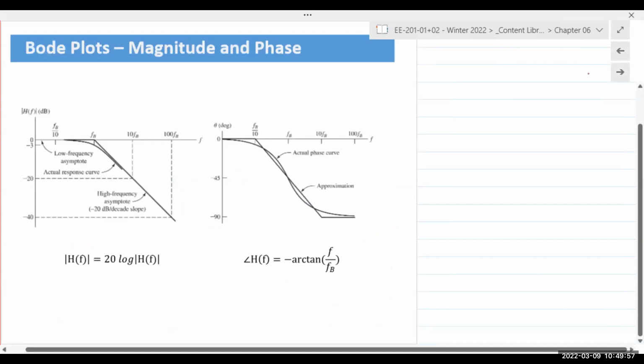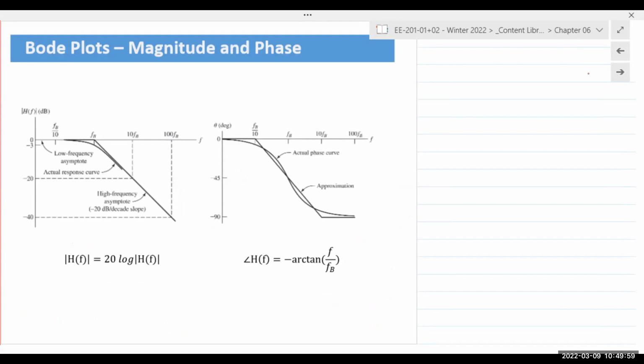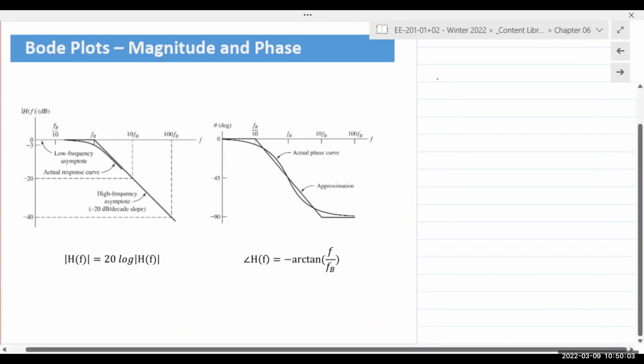Bode plots are straight line approximations of the frequency response of a filter. So if you have a low pass filter like this, you can approximate it by three asymptotes. A high pass filter similarly can be approximated like this.